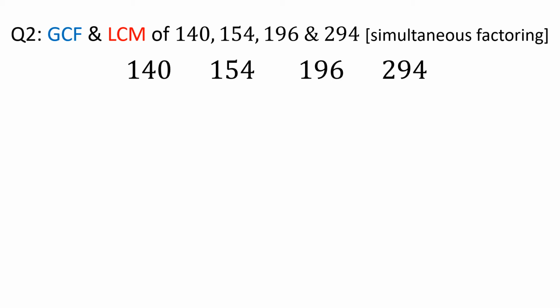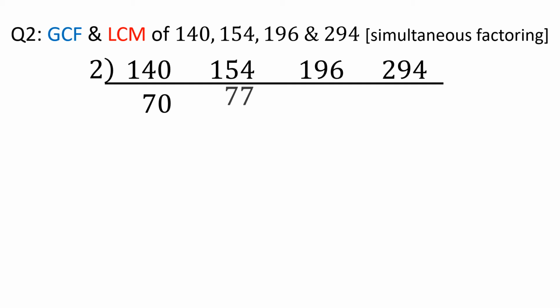All four numbers can be divided by 2. 140 divided by 2 is 70. 154 divided by 2 is 77. 196 divided by 2 is 98. And 294 divided by 2 is 147. We have 70, 77, 98, and 147, and they all can be divided by 7.